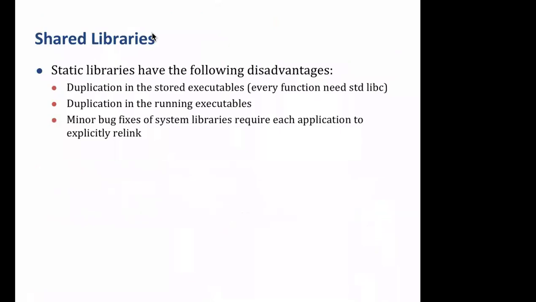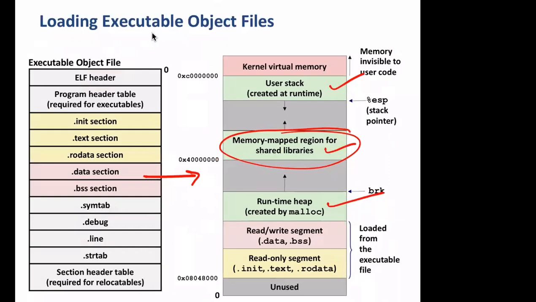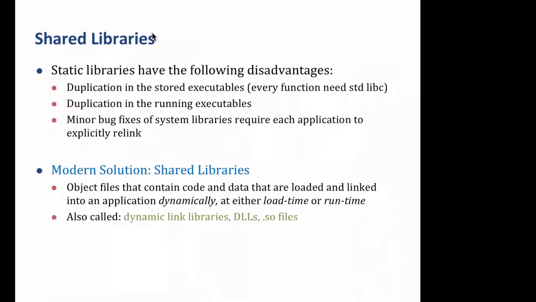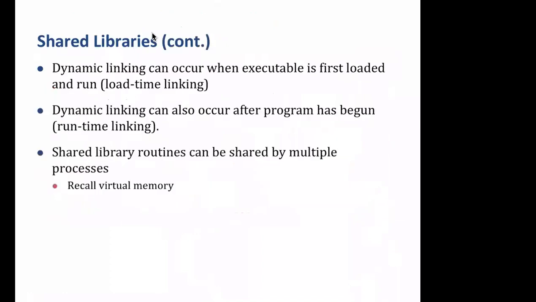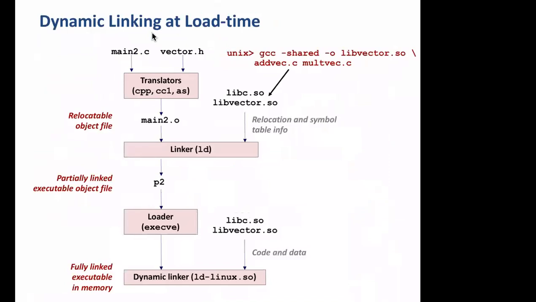So what we have studied is static linking. The executable file at this point has all the library functions that have been used available in it. But there is another way, called shared libraries or dynamic linking, where only at runtime, if your program uses a shared library, the library comes into play.